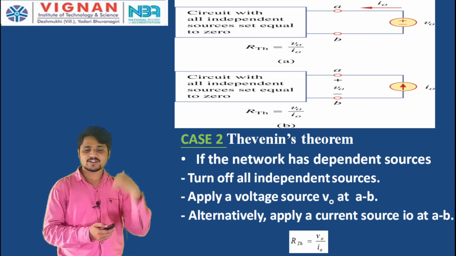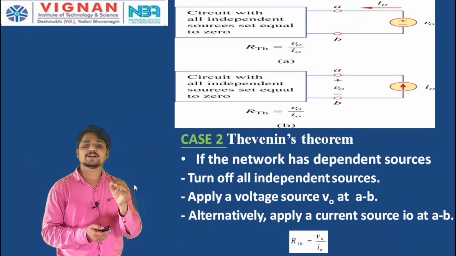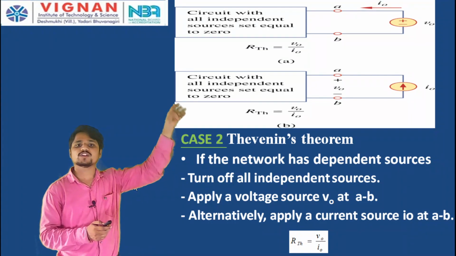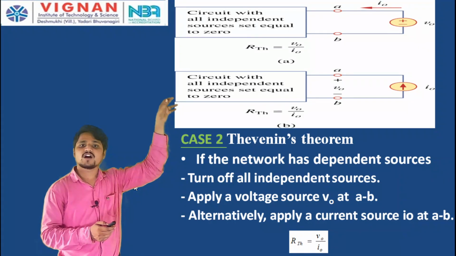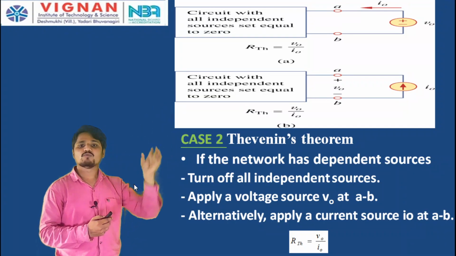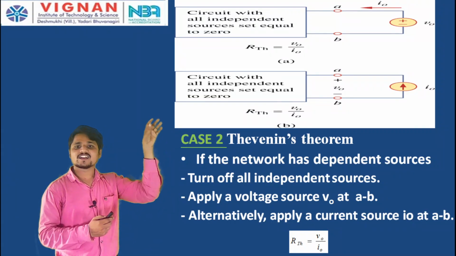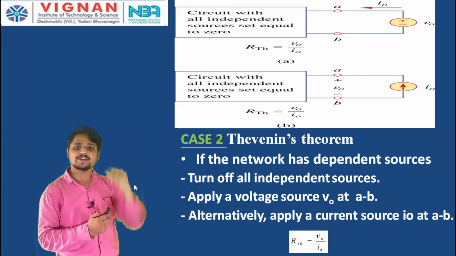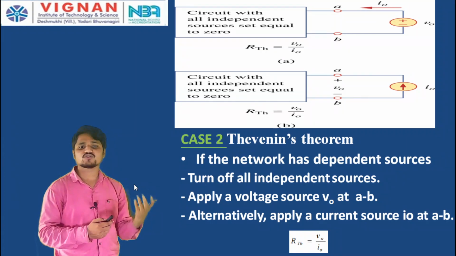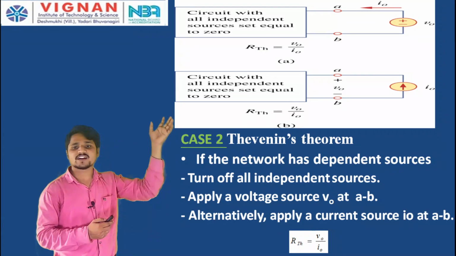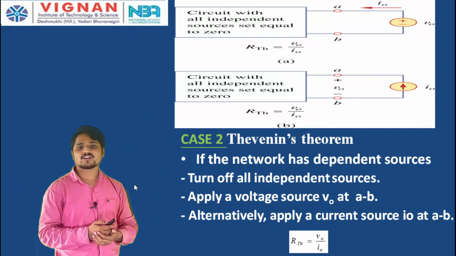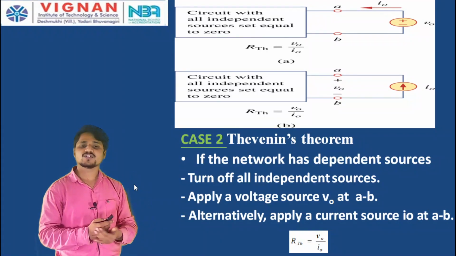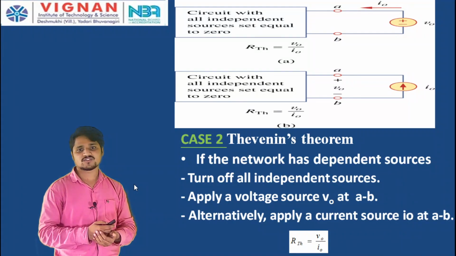With all independent sources set to 0, we apply either a 1 volt voltage source across the two terminals A B, or alternately a current source I naught, maybe 1 ampere, across the same terminals A B. By using these two methods, we can find the Thevenin's resistance.